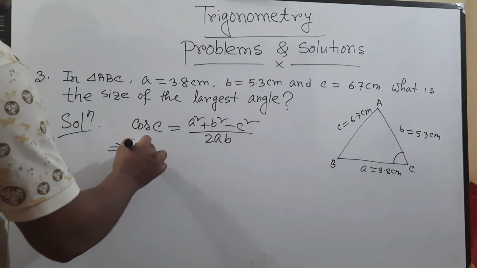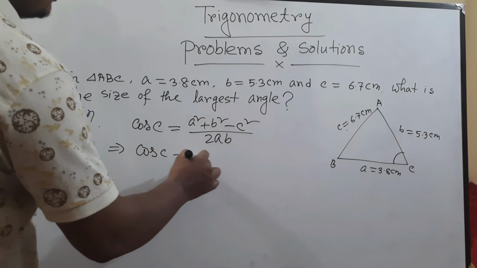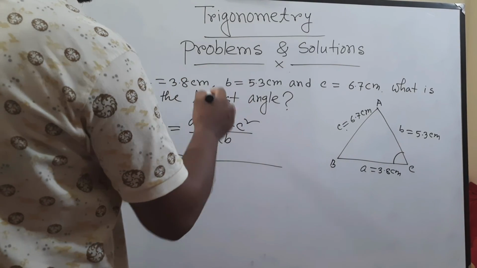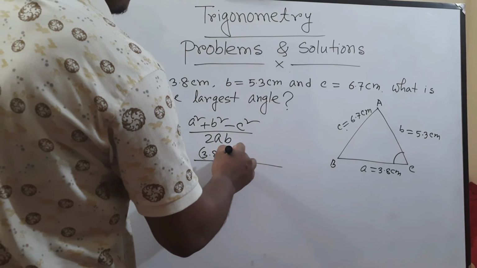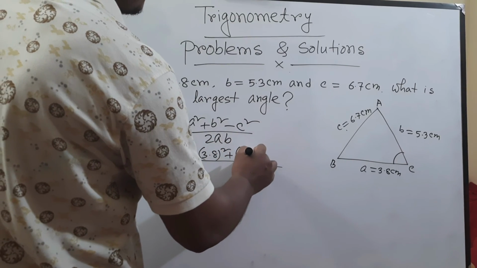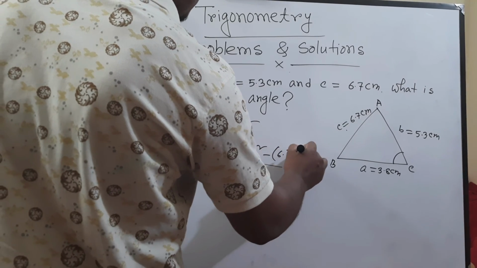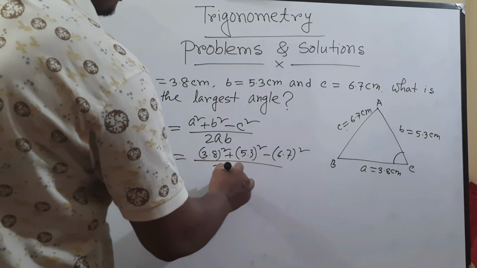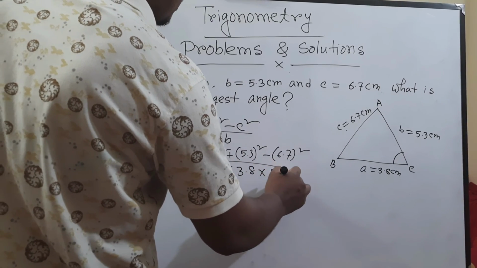Now just put the value of this a, b and c. Then a equal 3.8 centimeter square plus b equal 5.3 square minus c equal 6.7 square over 2 multiply 3.8 multiply 5.3.